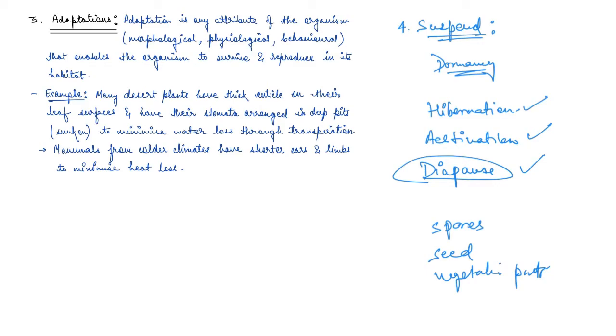Then we have many desert plants like Opuntia, which have no leaves, and the leaves are basically reduced to spines. This makes them resistant to losing water, right? And since the leaves are reduced to spines, the photosynthetic function is taken over by the stem itself.